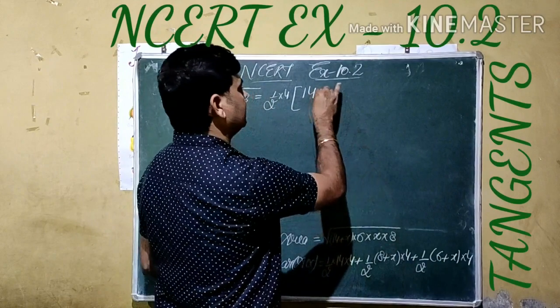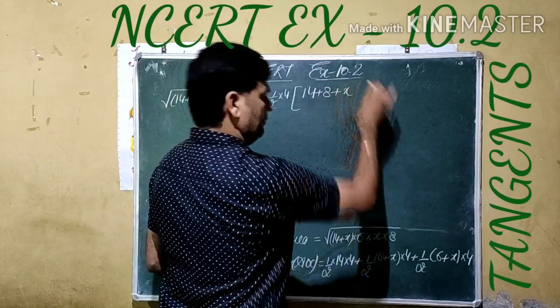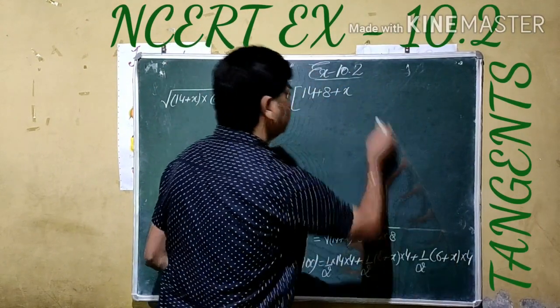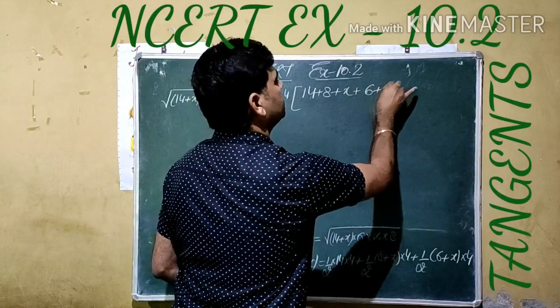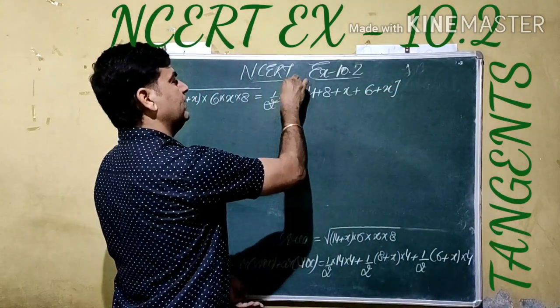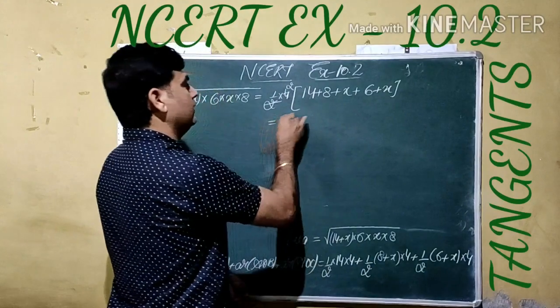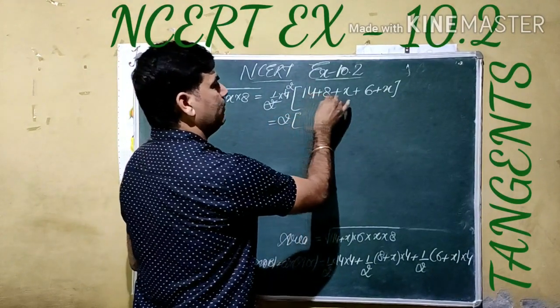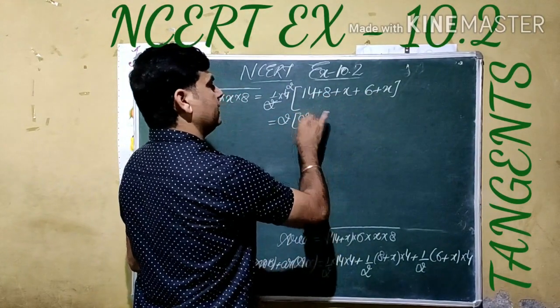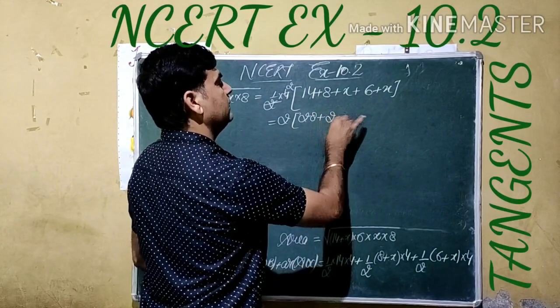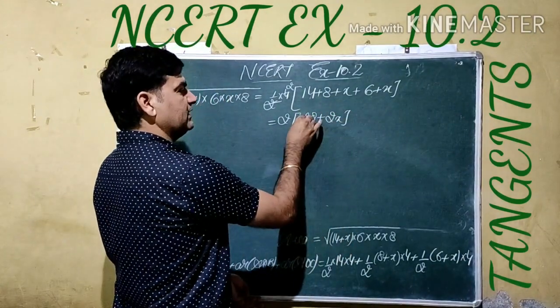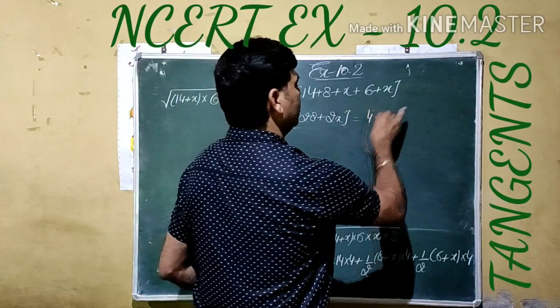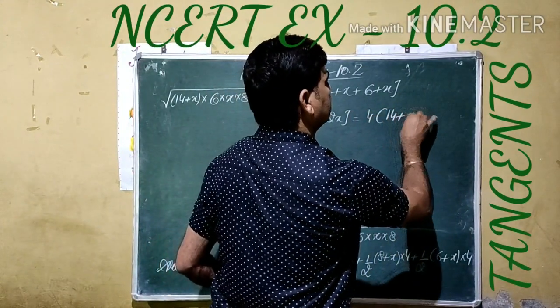So it becomes 8 plus x. 1 by 2 outside, 4 outside. It becomes 6 plus x. From here, cancel out the 2. The right side becomes double of 14 plus 8 plus 6, 28 plus 2x. If you see here, 2 is common inside. Overall 4 goes outside, inside becomes 14 plus x.